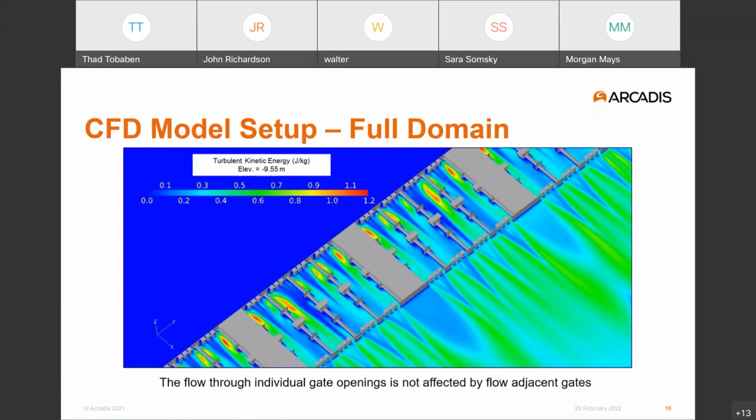And so, to put it more succinctly, what that meant was that we didn't have to worry about modeling flows through the entire lock and all the doors and really create kind of a monster analysis, but instead we could focus on the flow through an individual tube and then easily extrapolate the results to the full setup.